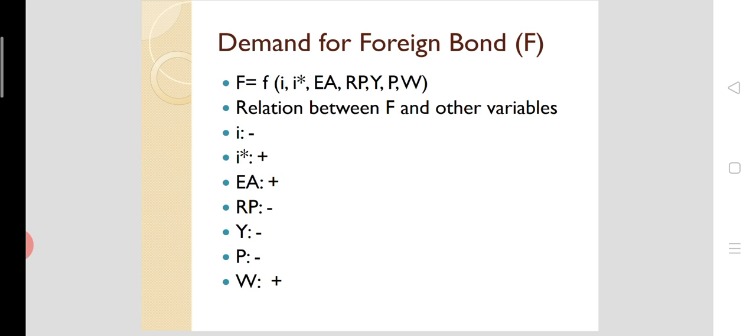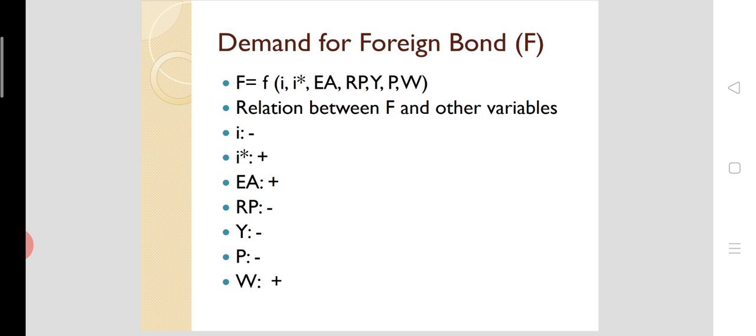So it is positively related. Next one is RP. RP is the risk premium to be paid for avoiding the foreign exchange risk involved in the investment on foreign bond. Whenever a higher risk premium is to be paid, then the attraction of foreign bond will come down. Demand for money will increase, but demand for foreign bond will come down.